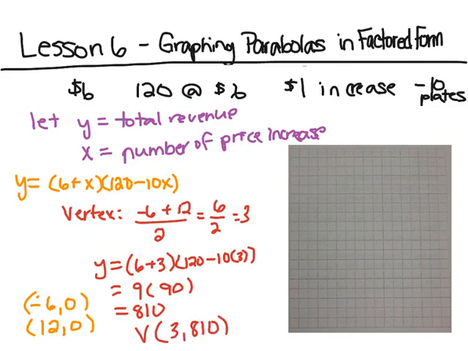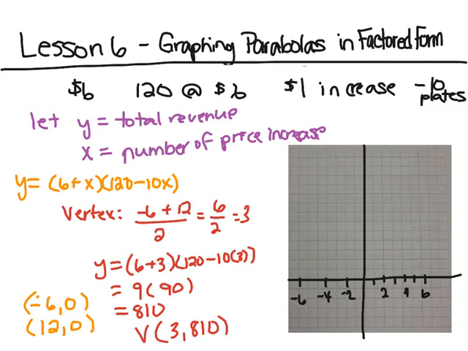So we're going to graph this, and we'll go up by hundreds on the y-axis, but we'll go up by ones on the x-axis. So 1, 2, 3, 4, 5, 6, negative 2, negative 4, negative 6.